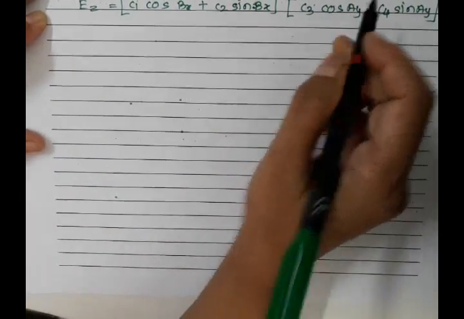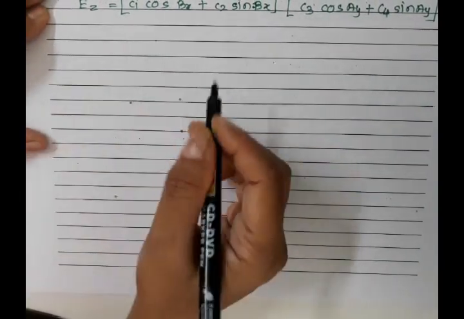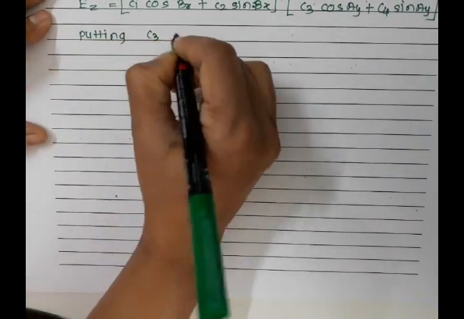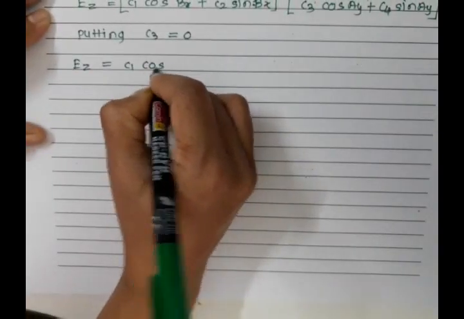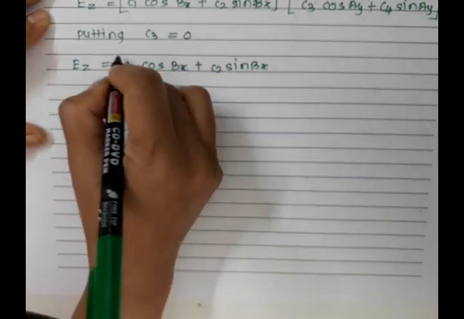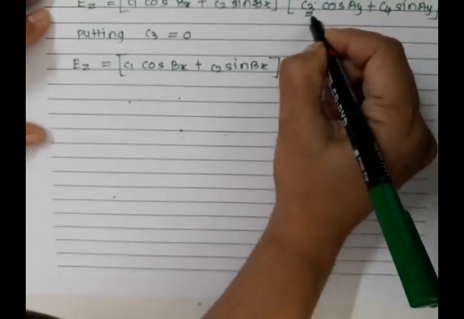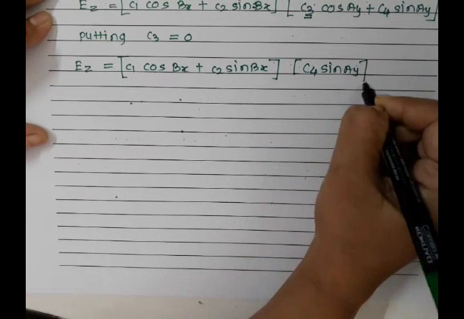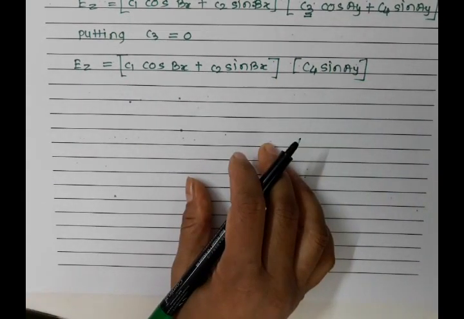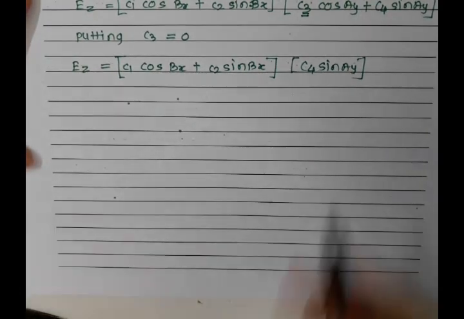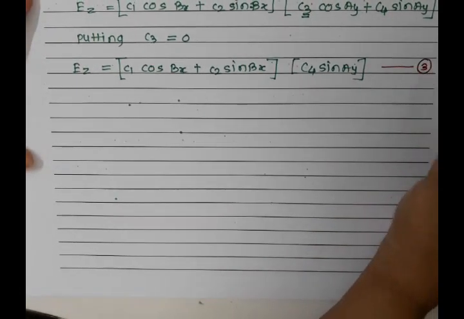So here we are putting c3 is equal to 0. So the above equation will become c1 cos of bx plus c2 sin of bx into, now this term is 0, so you will get c4 sin of ay. This is the condition when you apply the first boundary condition. Okay, so you have got some equations. We have marked the earlier equation as equation 2, so I'll say this is my equation number 3.